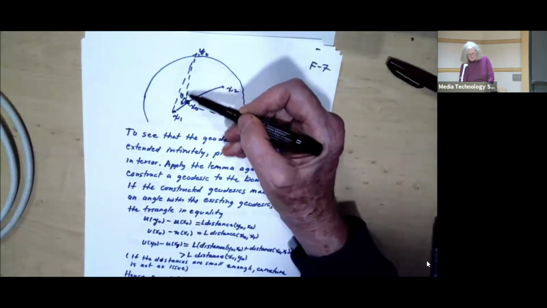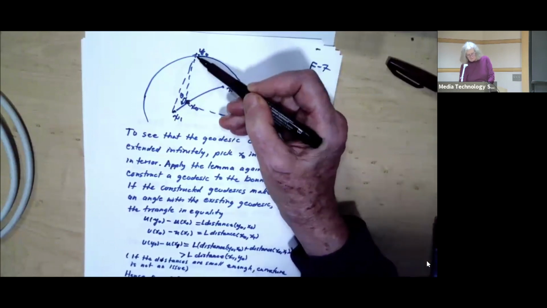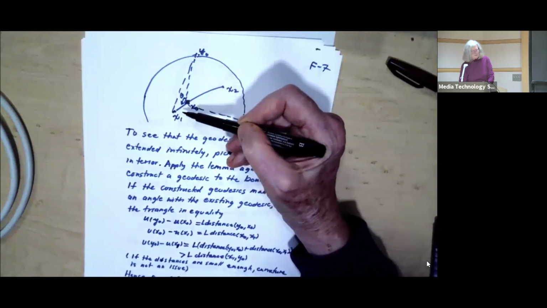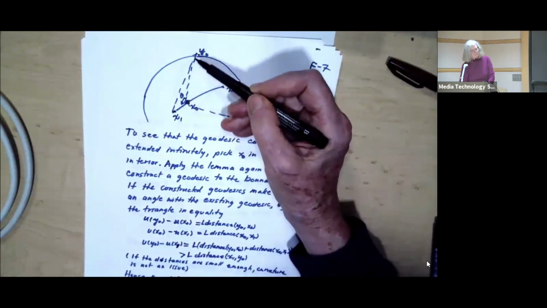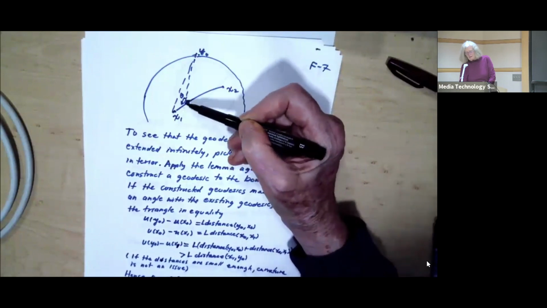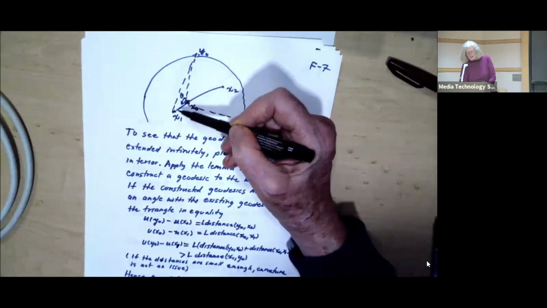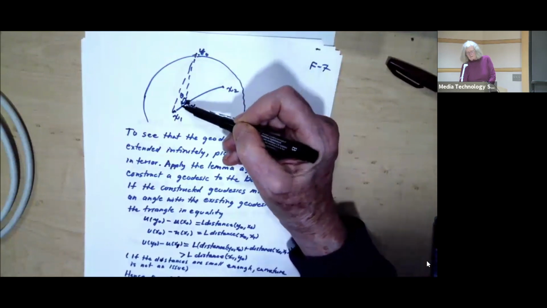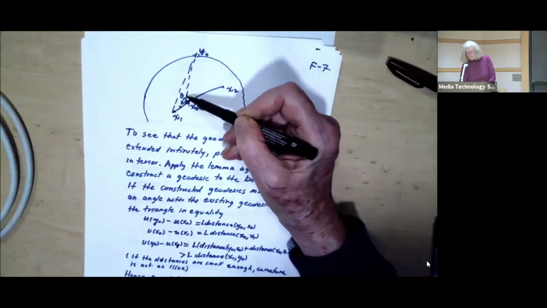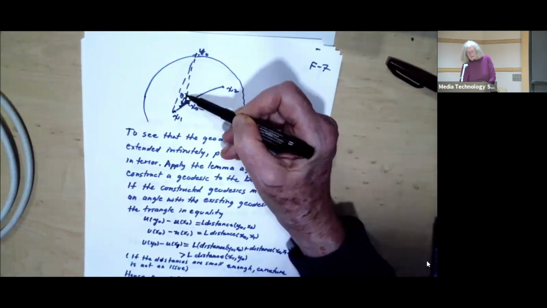So there's another geodesic. But of course it has to be the same, because the triangle inequality, which is not quite true in hyperbolic space, but it's true in a small enough domain, says that the angle here would actually, L would not be, the point between here and here is linear in that direction, and of course this distance is shorter.